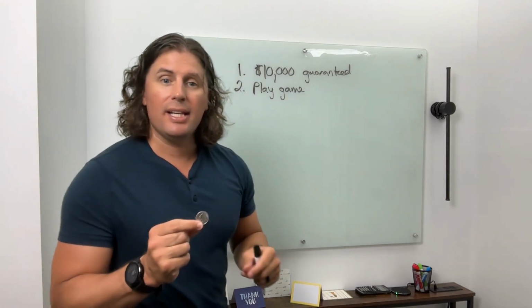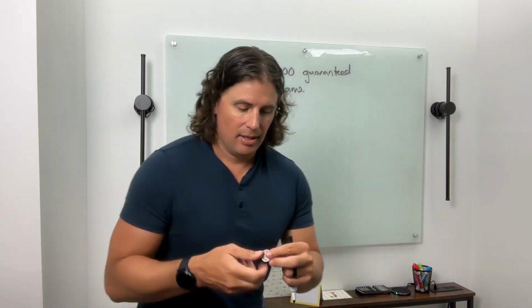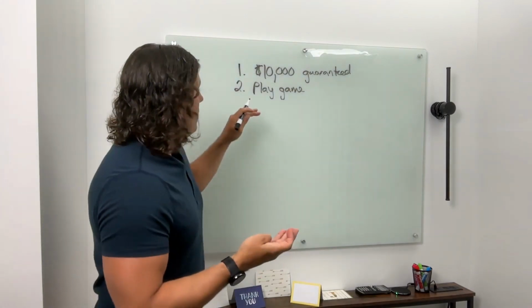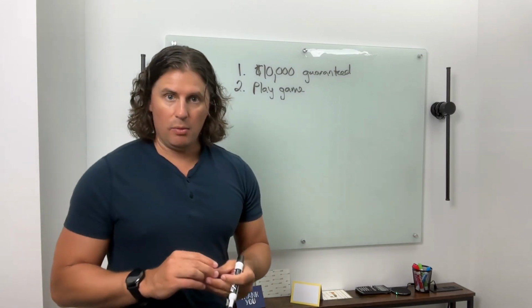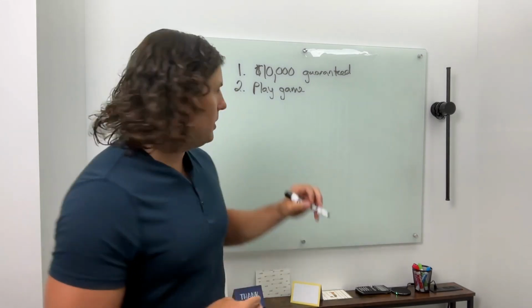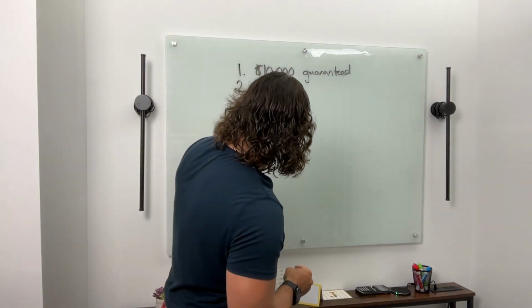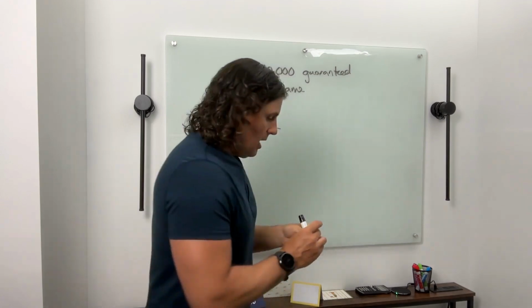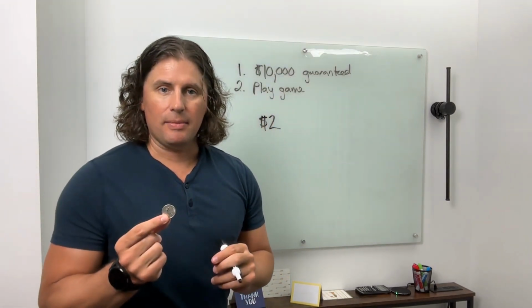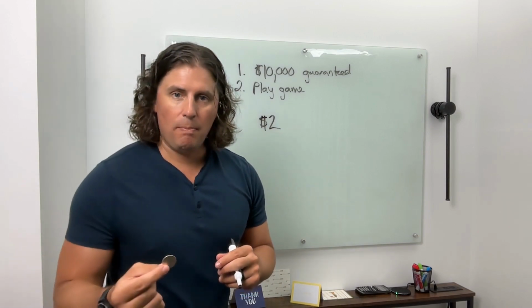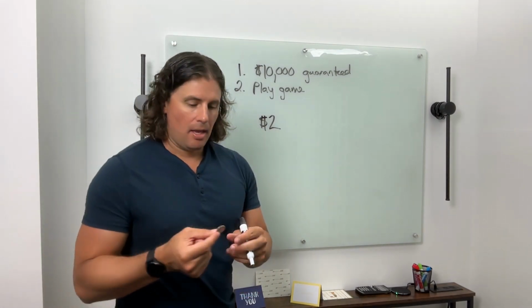In my hand is an American quarter of a dollar, and I've got heads on the front, tails on the back. And the way the game works here is we start out with $2. Start with $2. And anytime I flip heads, the amount paid out doubles.